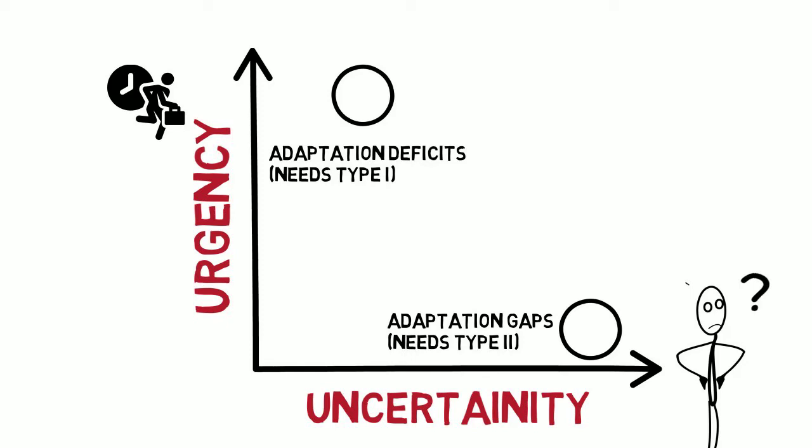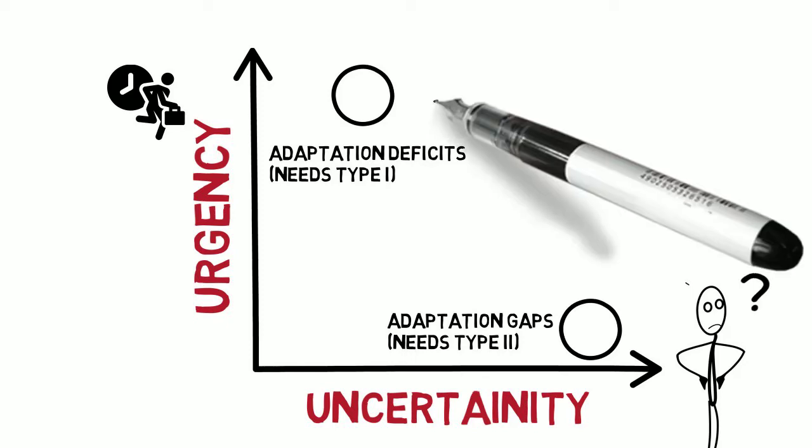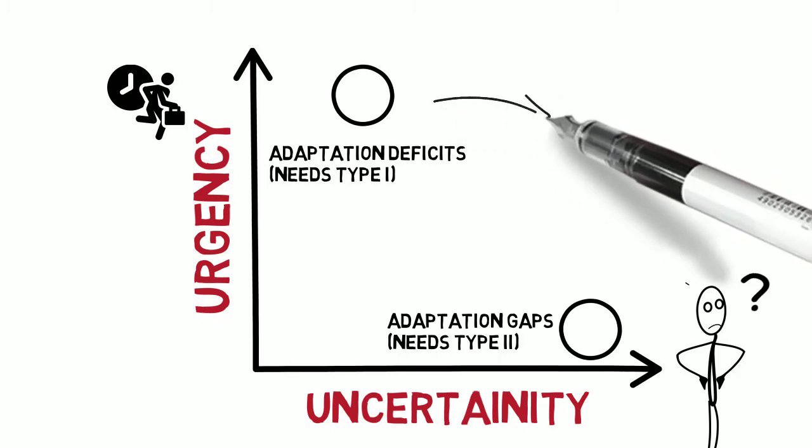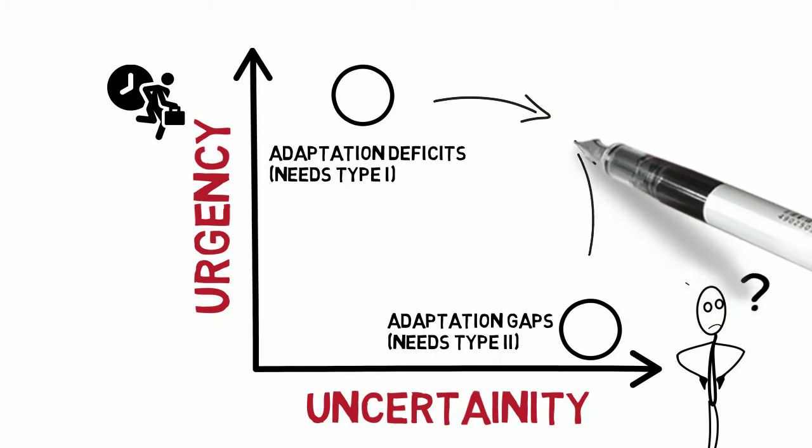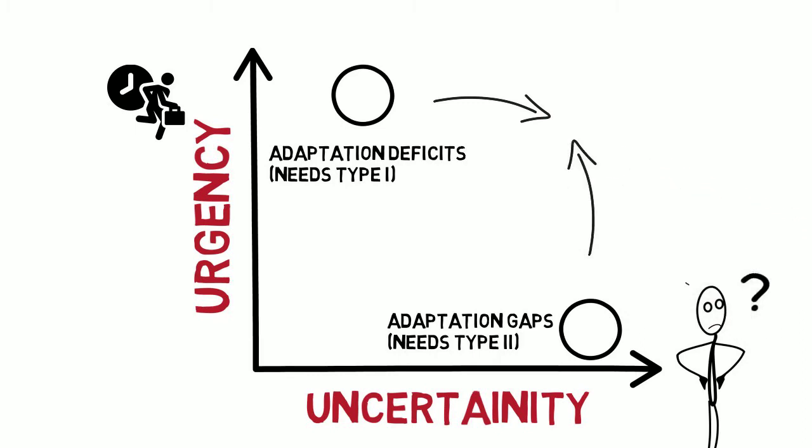Now, when we try to combine type 1 and type 2 adaptation, our situation ends up being a place where nobody really wants to be because now we are combining high uncertainty with a high level of urgency. So are there actions that you can reasonably do in this kind of domain? It almost sounds like an oxymoron.